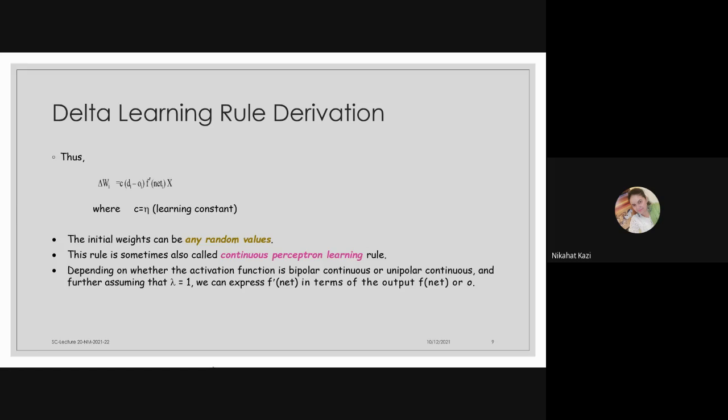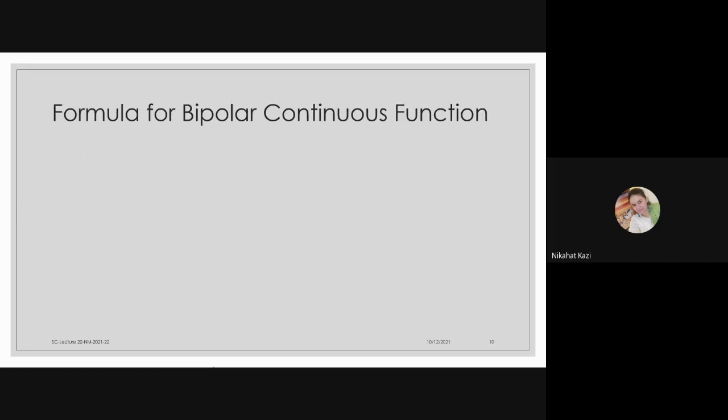There are some equations which you can directly use. So if your activation function is bipolar continuous, then f dash net is equal to half of (1 minus o square).